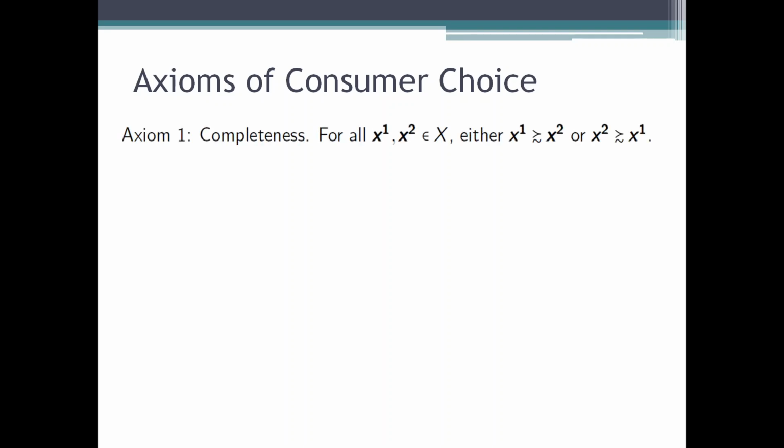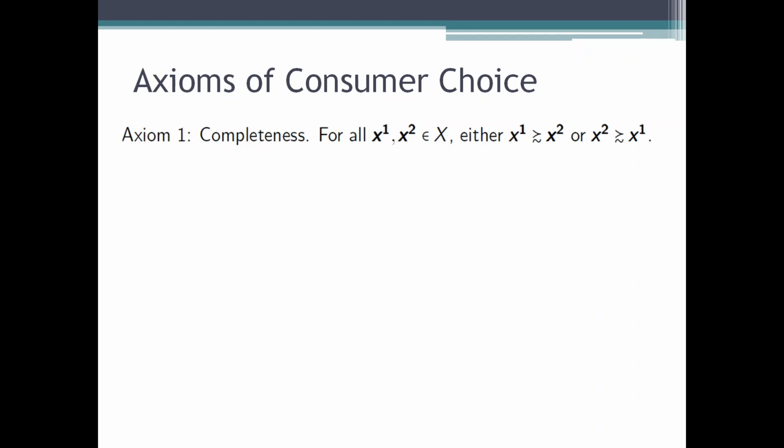So the first assumption is completeness. For all X1, X2 that belong to the consumption set X, either X1 is at least as good as X2 or X2 is at least as good as X1. It's either or, we just have two bundles.